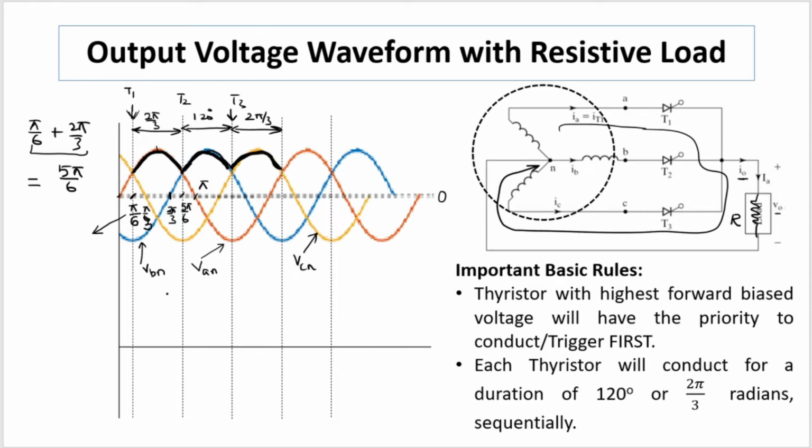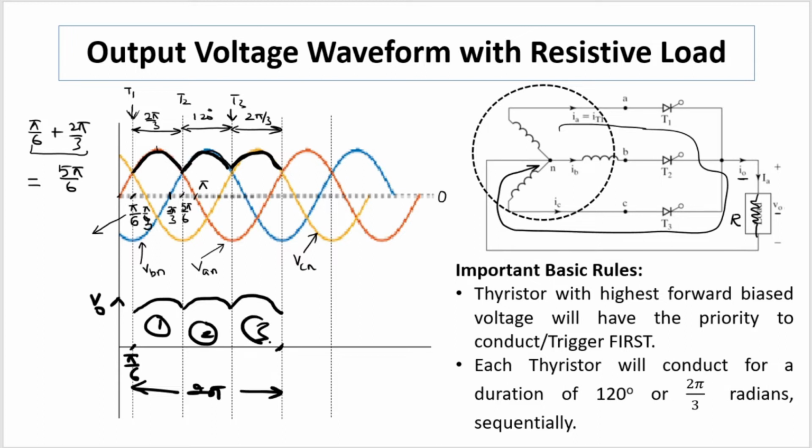So this envelope will be copied, and output voltage V0 can be plotted by simply copying this envelope of Van, Vbn and Vcn. So ultimately, so far we achieved 3 pulses, from this point pi by 6 up to this point, and this complete duration will be equal to 360 degrees, that is equal to 2 pi. So in a total duration of 2 pi, there are 3 pulses: pulse 1, pulse 2 and pulse number 3. That is what is known as the 3-pulse converter.